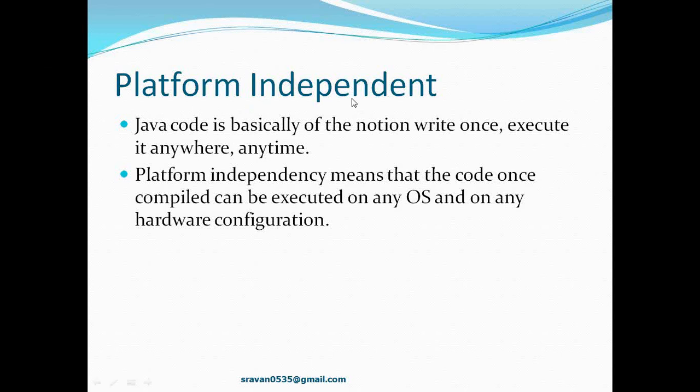This is a very, very important feature, guys. Platform independency means that the code, once compiled, can be executed on any OS and any hardware configuration. One more important thing: it is the compiled code, not the normal code which was written by us.